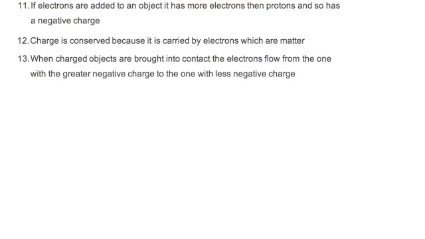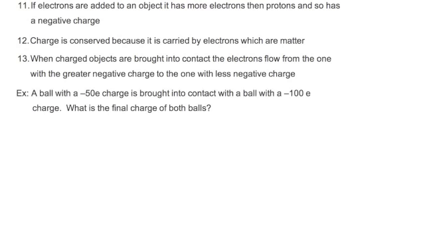Number thirteen, when charged objects are brought into contact, the electrons flow from the one with the greater negative charge to the one with less negative charge. Example, a ball with a -50 electron charge is brought into contact with a ball with a -100 electron charge.